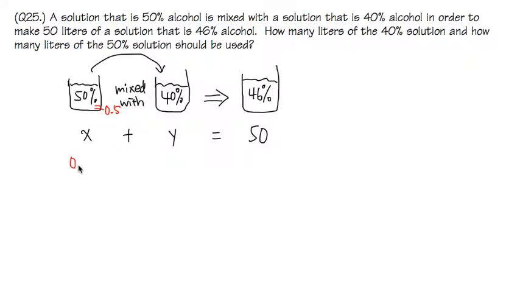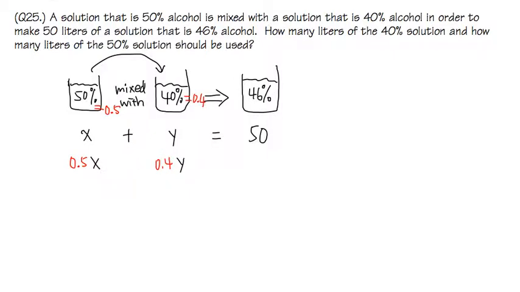So that's 0.5 times X. That will be the first part. And I will do it for the rest as well. I will take 40% and change it to a decimal, which is 0.4. And then I will take the 40% concentration times Y. So 0.4 times Y. You never write down the percentage in an equation. You always change percentage to decimal.